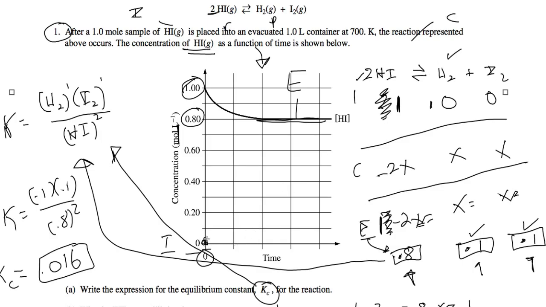It changes, it increases because this is a plus x, and it goes to 0.1. There's 0.1 right there, and it levels out. That's great because here's the reactant coming to equilibrium, here is the product coming to equilibrium. And we know that because the reactant is higher up here, it's reactant heavy. This graph is really showing that it's reactant heavy because there's the reactants up there and there's the products down there.